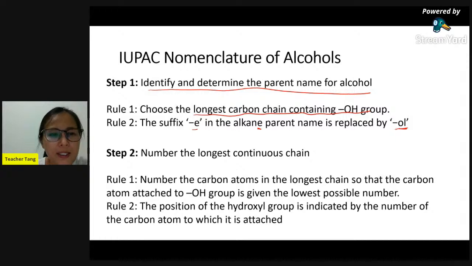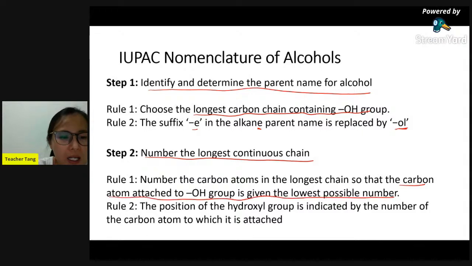Second, we need to number the longest continuous carbon chain. How do we number it? We need to start numbering in such a way that the carbon attached to the hydroxyl group has the lowest possible number.